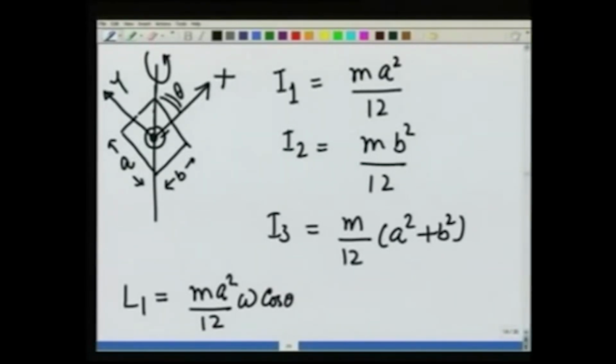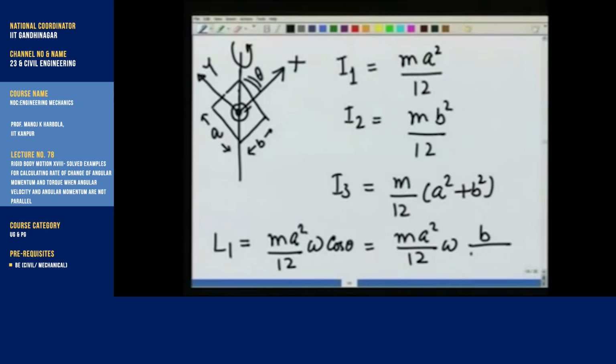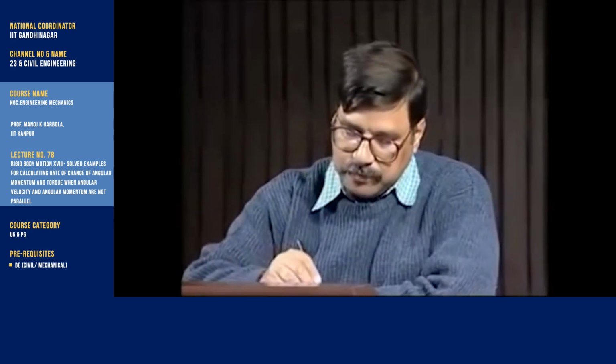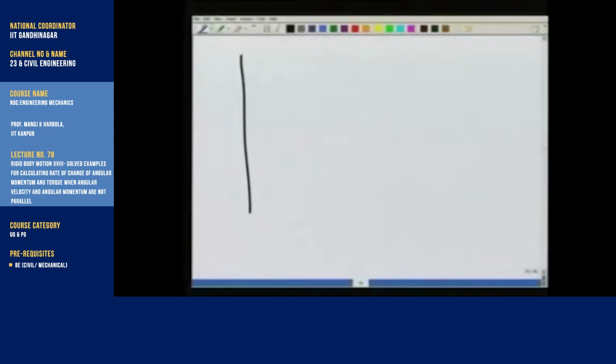So this is going to be m a square divided by 12 omega cosine theta, where cosine theta is b divided by the square root of a square plus b square. Let me redraw the whole thing. This is the diagonal.